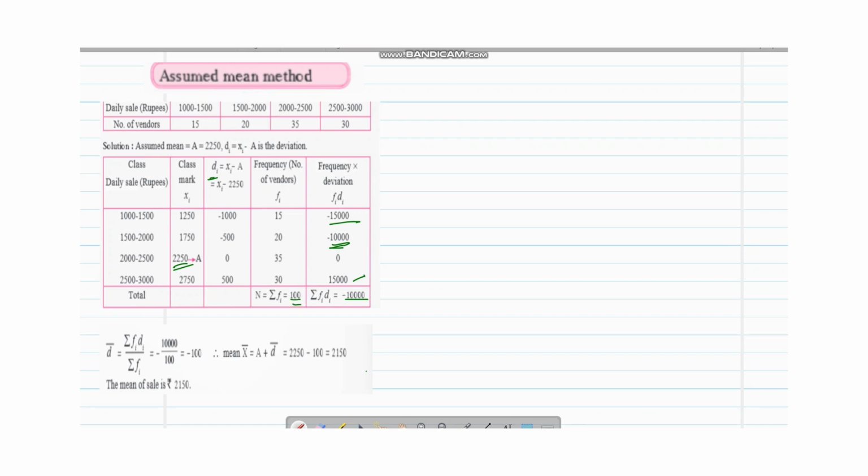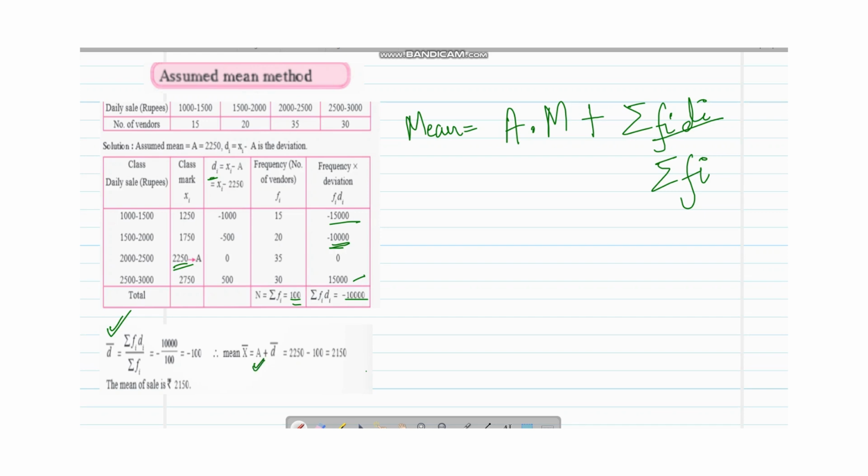And n is 100. Now, we are going to find the mean. So, you can say mean equals assume mean plus sigma fidi upon sigma fi. In this also, they have first found the value of this term, then they have added to assume mean. Okay, or you can do it direct also.